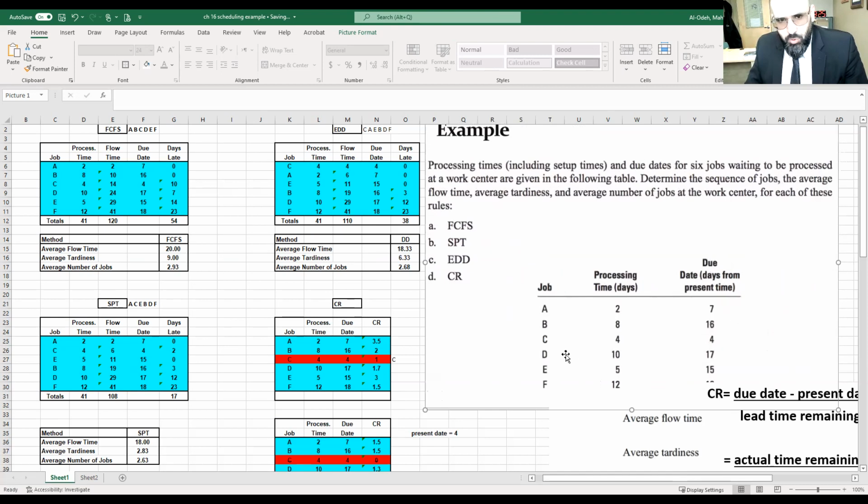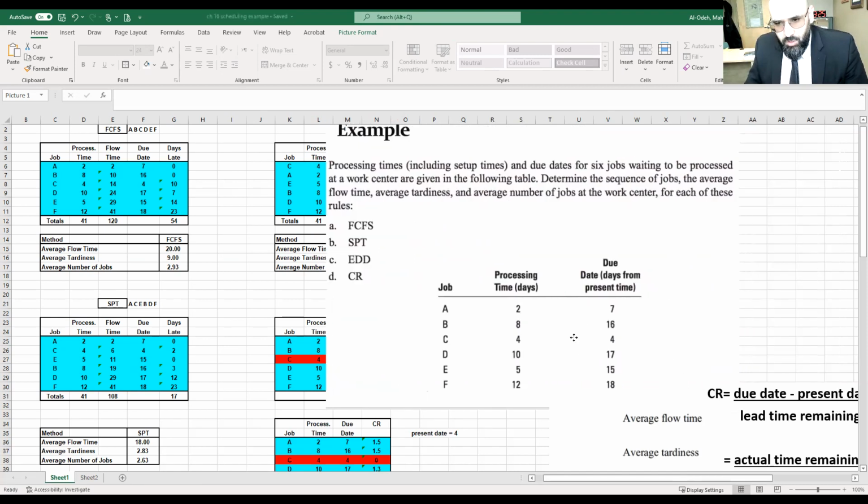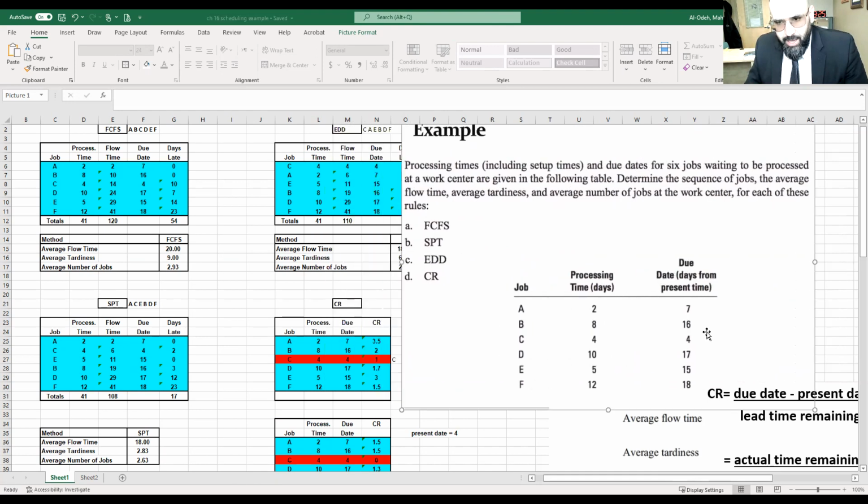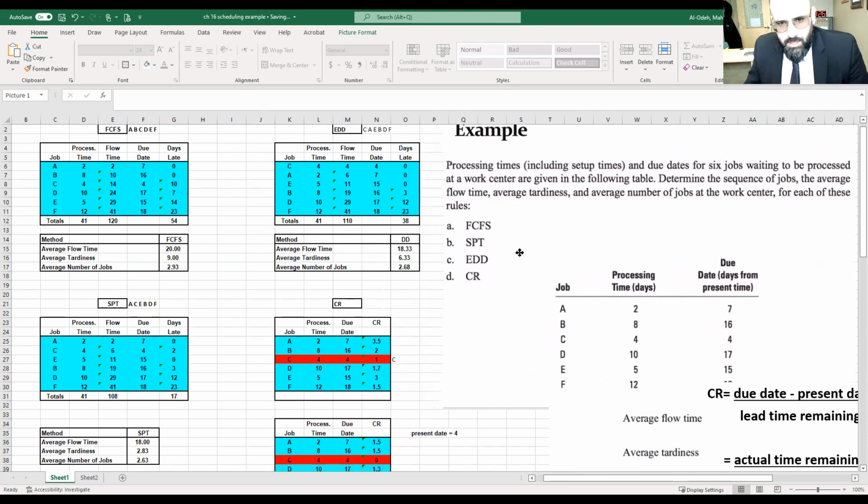So C would be the first, and then moving into the next due date, which would be A of 7. Then after 7 would be E, so C, A, E, and then B, and then D, that would be the 17, and F would be the 18. So the rank would be C, A, E, B, D, F.